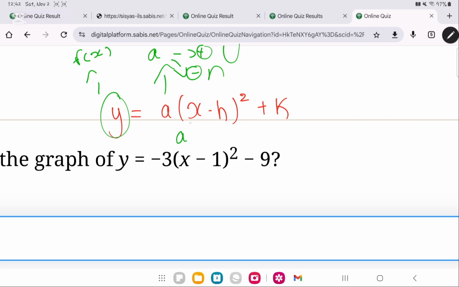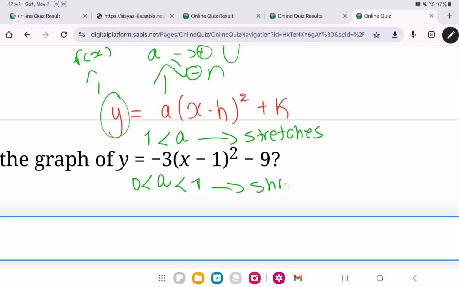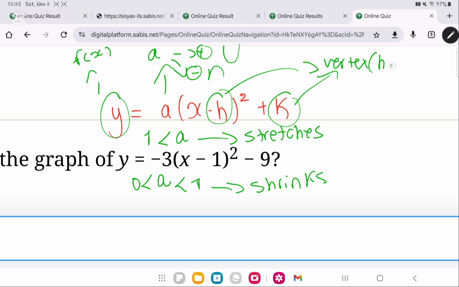Also, if a is a number greater than 1, then it stretches. If a is a number between 0 and 1, then it shrinks. The opposite of h and k as it is make our vertex. So the vertex is equal to the opposite of h, and k as it is.